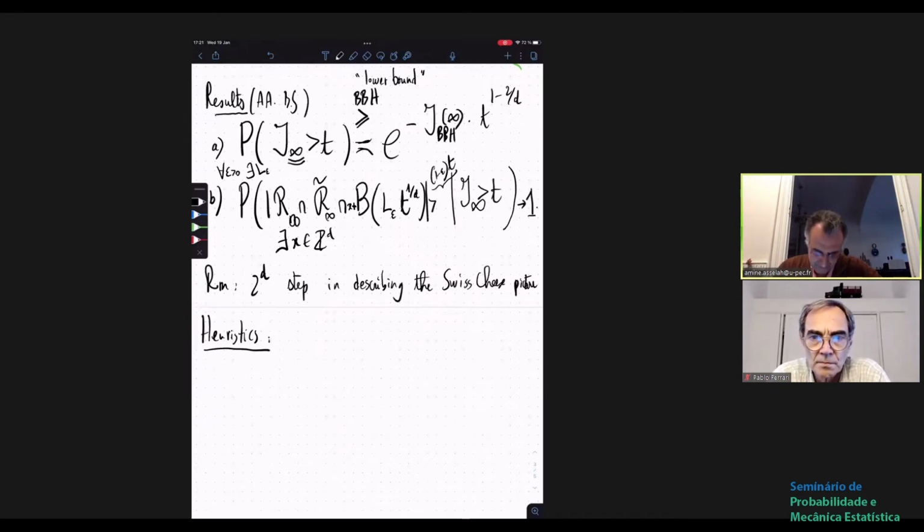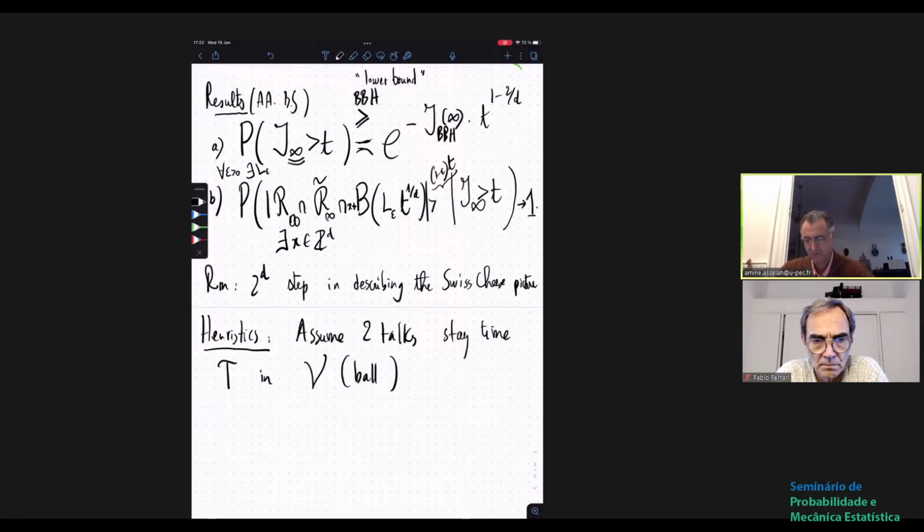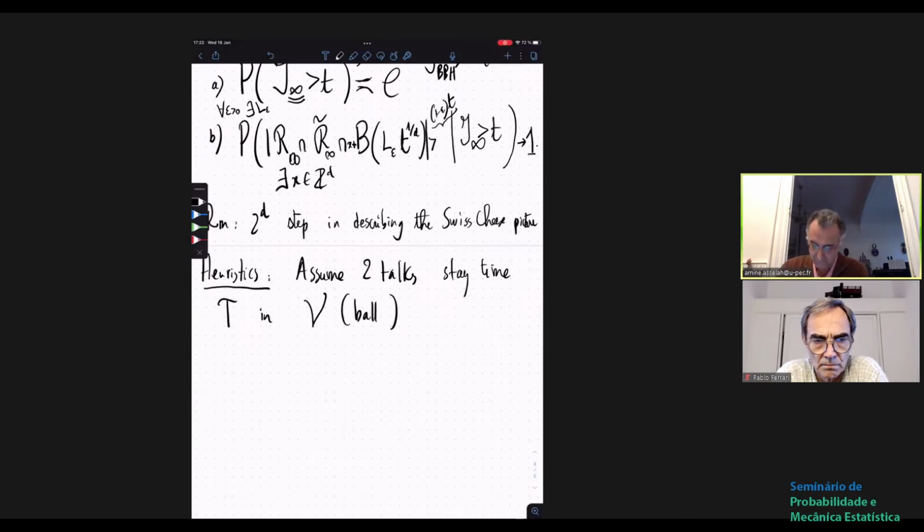So in the heuristics, you assume that the two walks, almost kind of independently, stay a time tau in a volume V. And let's say it's a ball, but for the moment you just say that it's volume V. And you want to know what's this time and what's V. And I'm trying to do the heuristics for a finite time horizon.